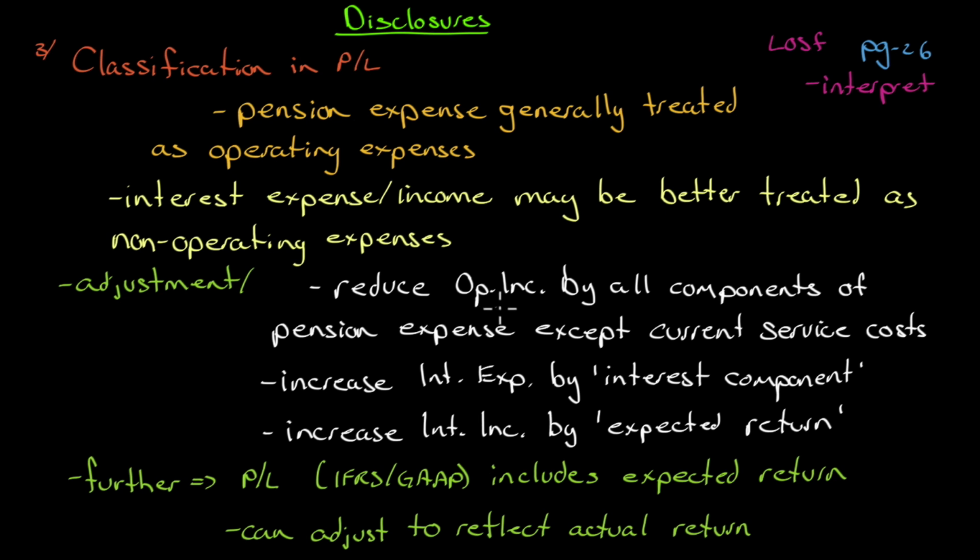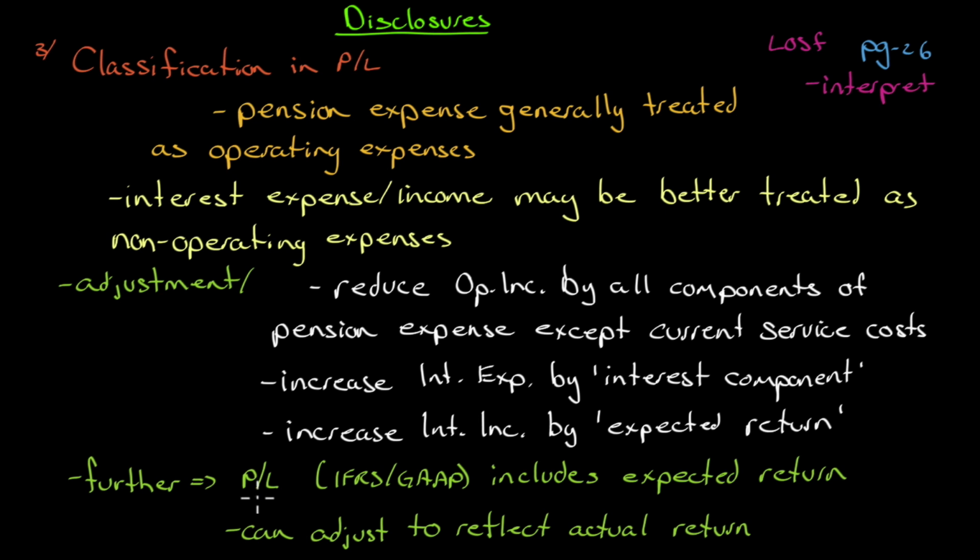You would reduce operating income by all components of pension expense except the current service costs. In other words, anything other than current service costs, you're going to get them out of there. Then you'd increase the interest expense by the interest component, and you would increase interest income by the expected return, or if we're talking about GAAP, the expected return, or if you're talking about IFRS, the expected return is the same as the interest expense.